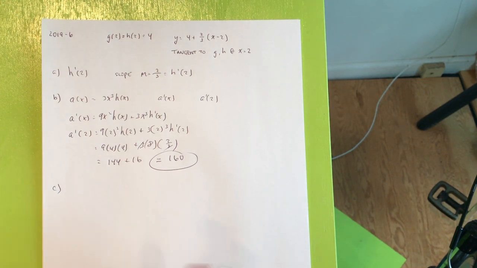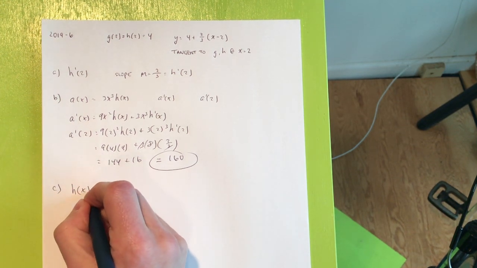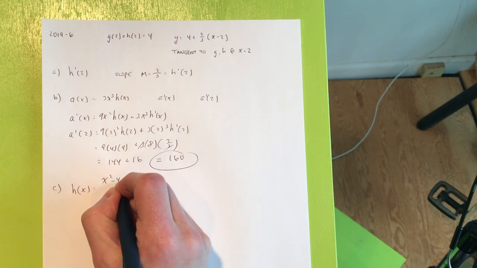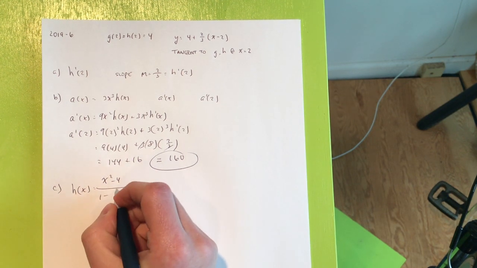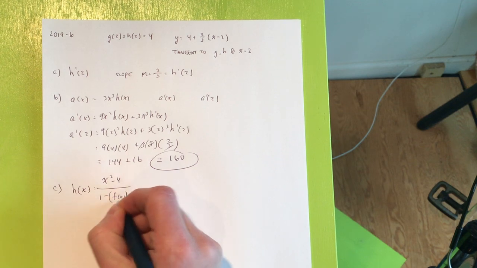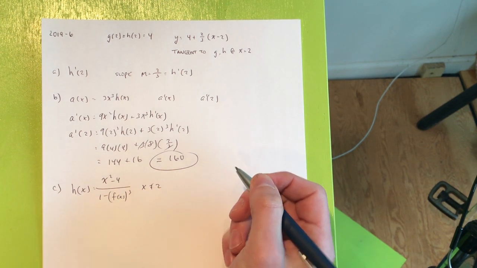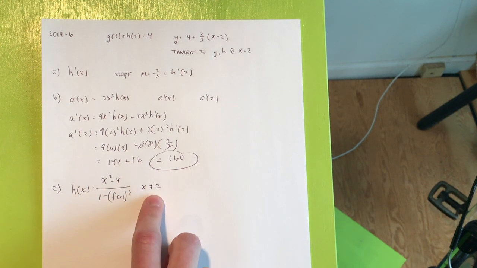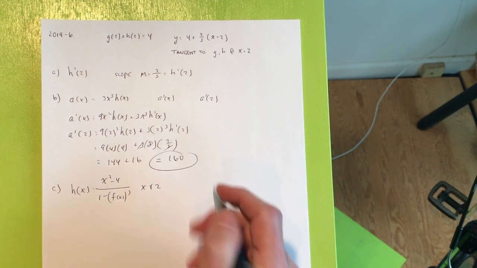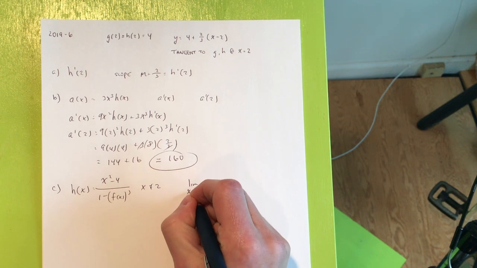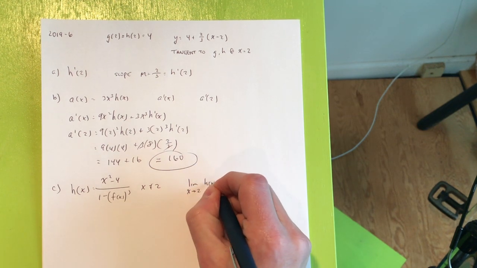C tells us that h satisfies x squared minus 4 over 1 minus f of x cubed for x not equal to 2. We can use L'Hopital's rule for evaluating the limit as x approaches 2 of h of x.